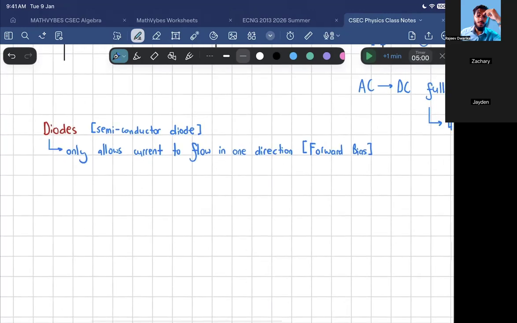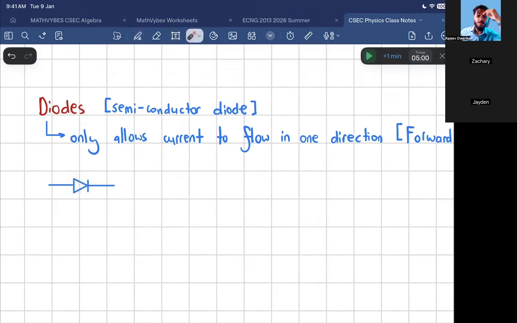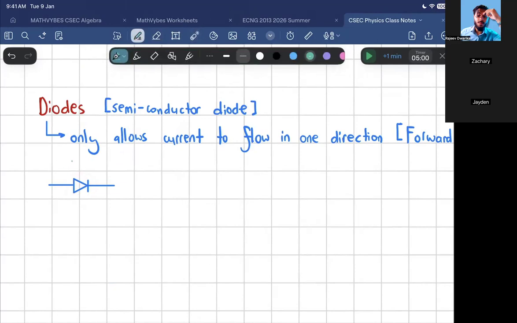Nice. And this is what a diode looks like. I want you to think of a diode like this, so you see how it looks kind of like an arrow? Forward bias would be in this direction.